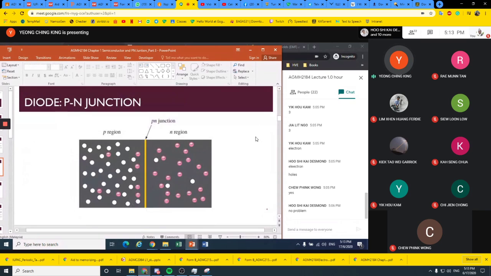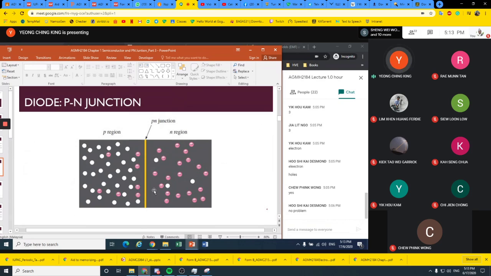Okay, then we see what will happen to the PN junction. This diagram shows the majority carriers and the minority carriers in both regions, the P and N regions. You will see here the yellow area, which is a thin layer.